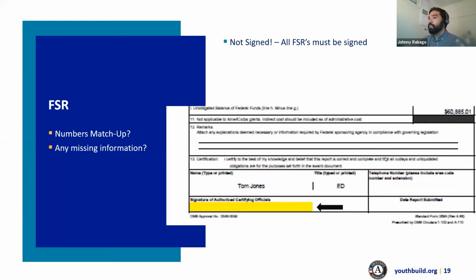If we don't have the FSR signed, we cannot process the reimbursement. Remember that all FSRs must be signed, even the zero FSRs. We get that a lot at the beginning of the grant year, when you don't start charging until maybe January, February. We have a bunch of FSRs that are zero. You want to sign those as well, even though you're not reporting any numbers.